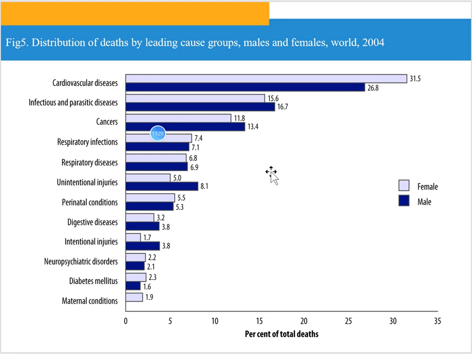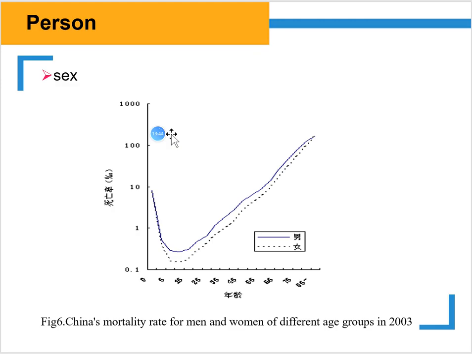The death rate of unintentional injuries in males is higher than that in females. Figure 6 is China's mortality rate for men and women of different age groups in 2003. There is higher mortality rate in men than in women.